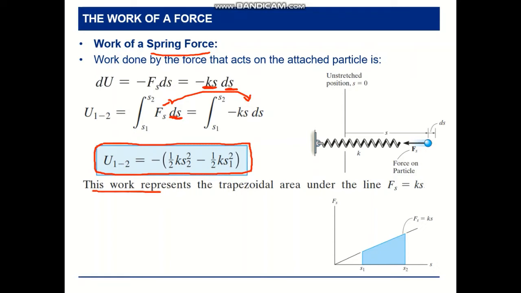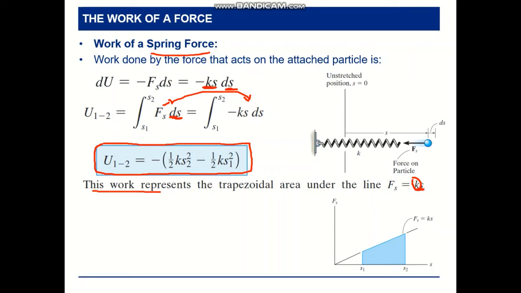This work represents the trapezoidal area under the line Fs Ks. Of course, that holds if k is constant. If k is not constant, it's not going to be linear. If k depends on the force acting on it or on the distance, then there can be a change to a parabola or something.